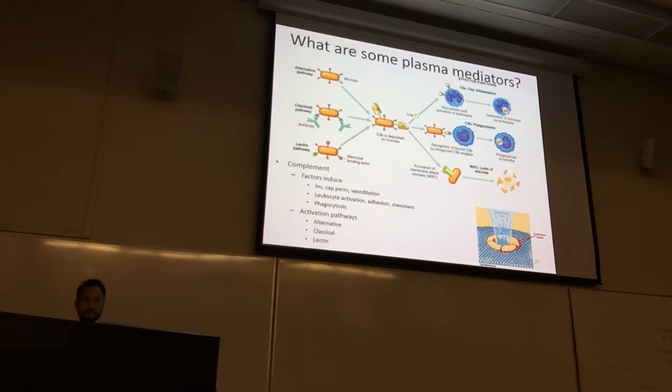The complement factors stimulate or induce, this is down here, an increase in vascular permeability, leukocyte activation, adhesion, and also phagocytosis. They help. That's what we call complement. They're manufactured by the liver, and they assist in a variety of these processes, including assisting in the inflammatory process. They are part of our innate immune system, complement.